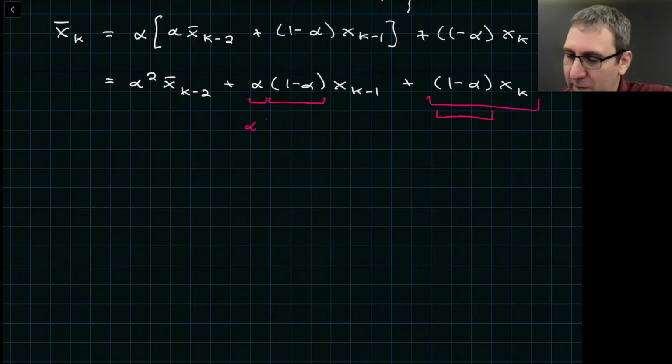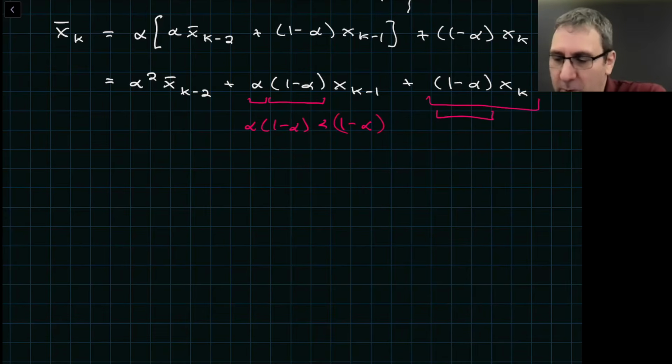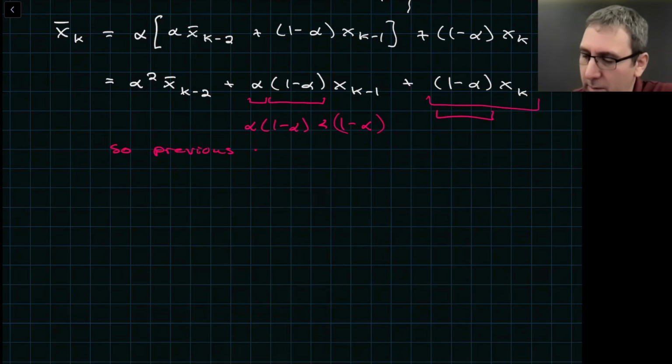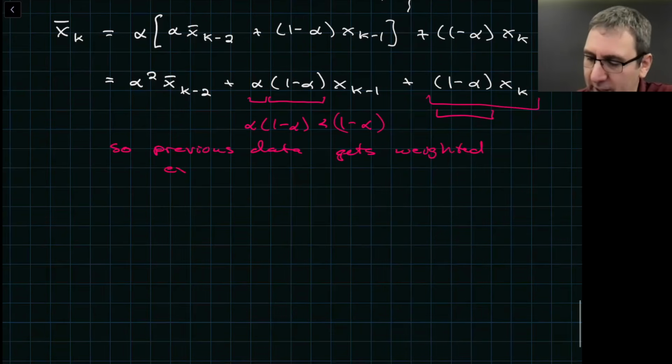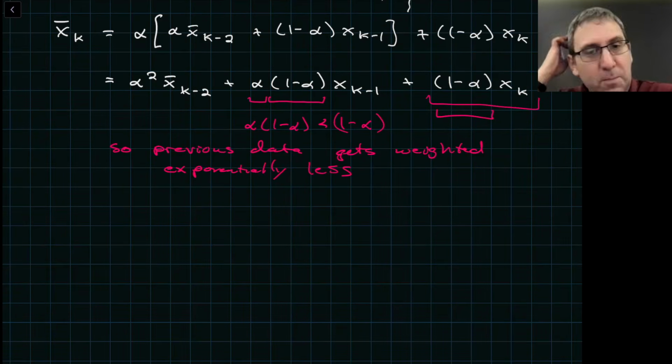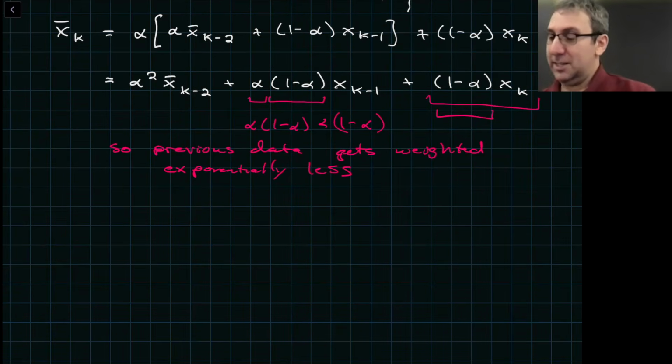So alpha times 1 minus alpha is less than 1 minus alpha. Hopefully that's clear, since alpha is less than 1. So previous data gets weighted exponentially less. So it seems like it is solving that problem. We're going to have something that seems like a moving average, but it's weighting the more recent data points higher.